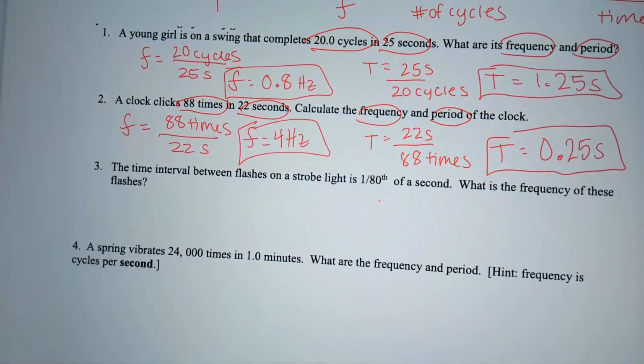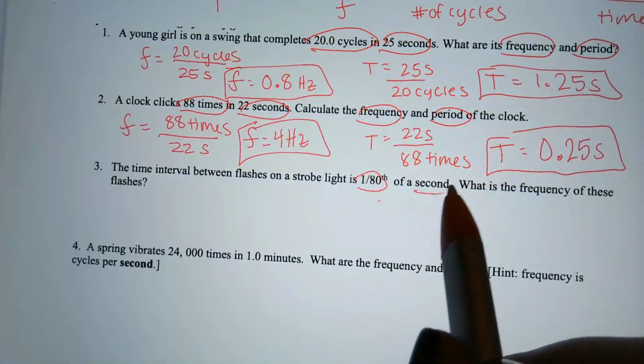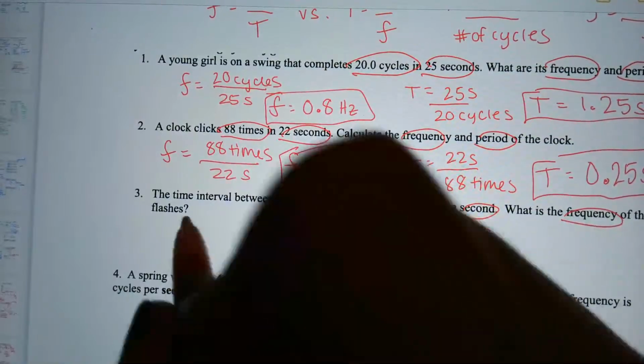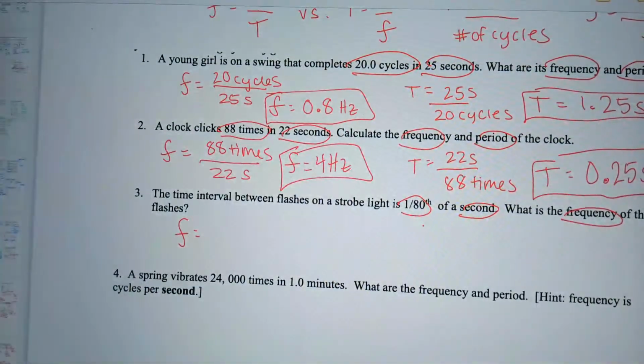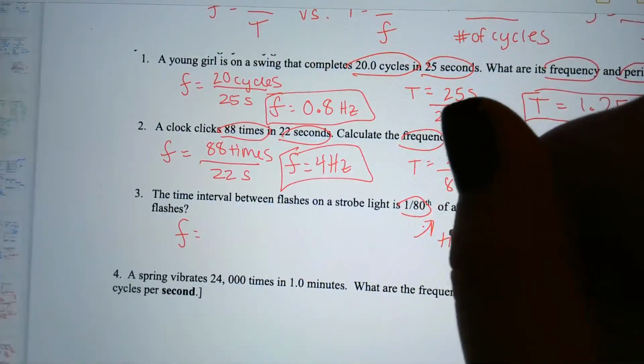Okay. Number 3. The time interval between flashes on a strobe is 1/80th of a second. What is the frequency of these flashes? So again, frequency is going to be the number of cycles per amount of time. So here they were sneaky and they gave us time.